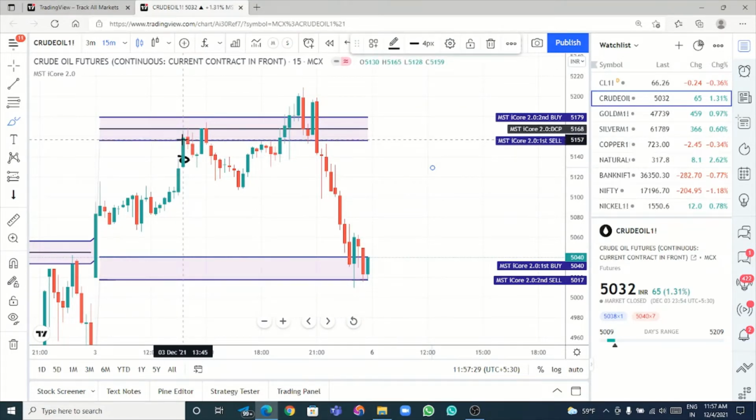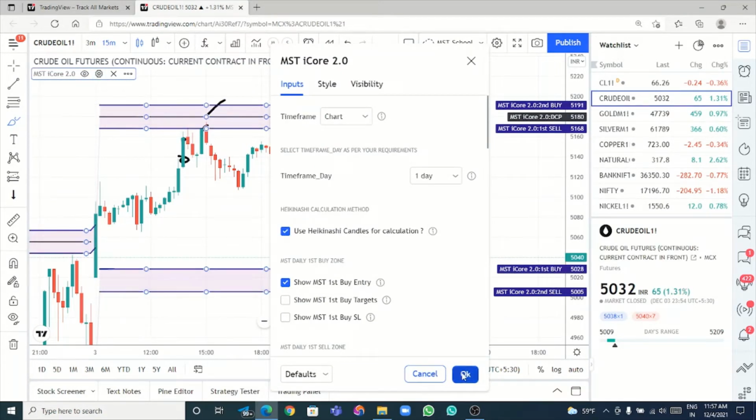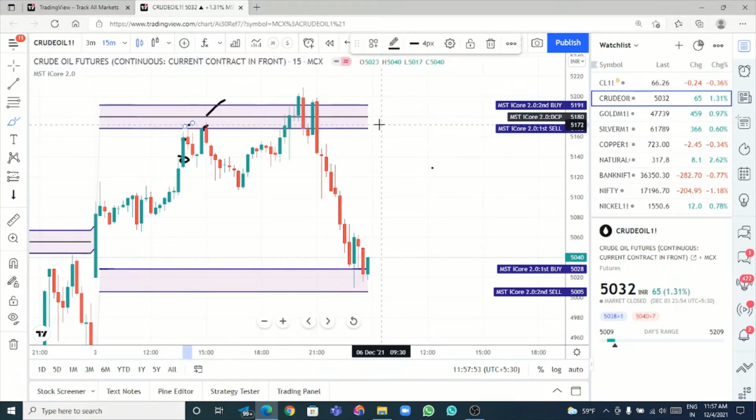If you don't know this technique, no problem, just take at 5156. So your entry will be either 5156 or 5168 and the stop loss will be the same if you are using DTP. Otherwise, if you are keeping Heikin-Ashi mode here, your entry will be 5168 and the stop loss will be 5191.